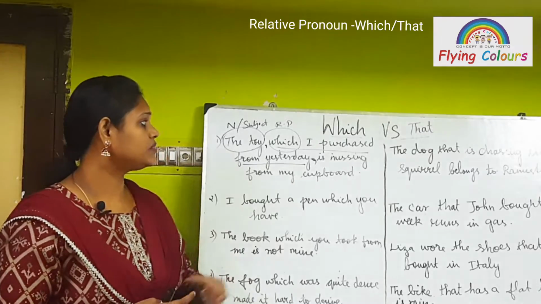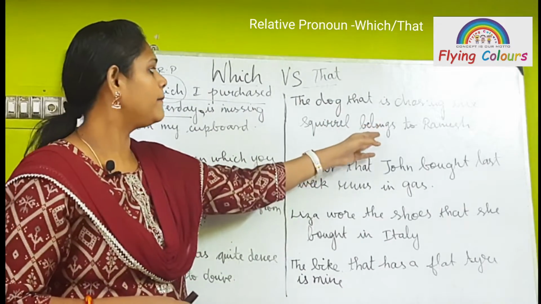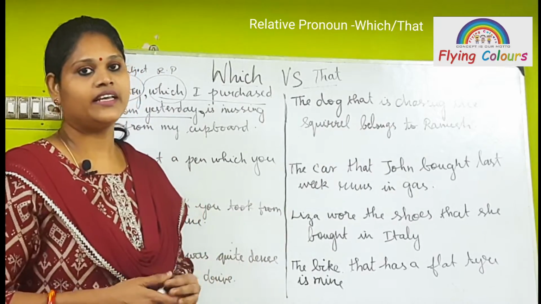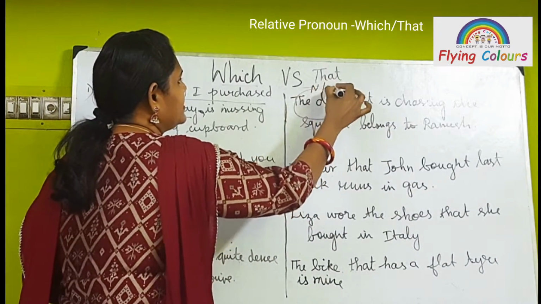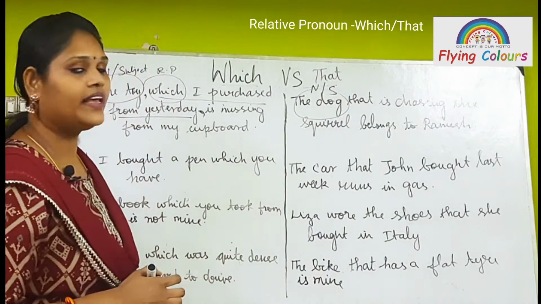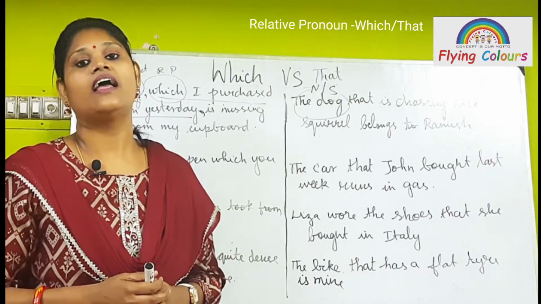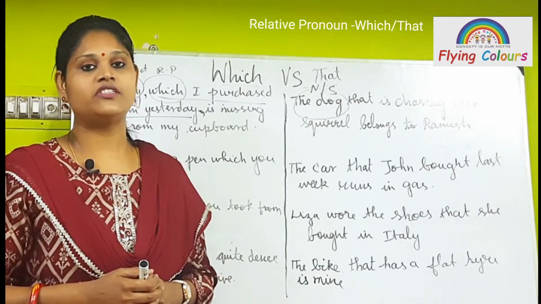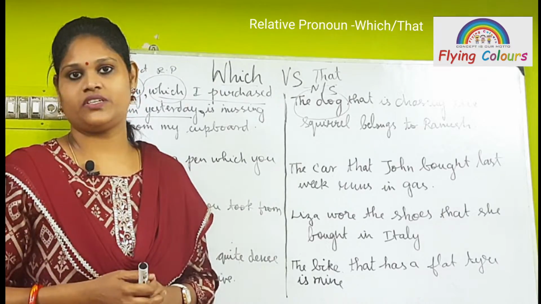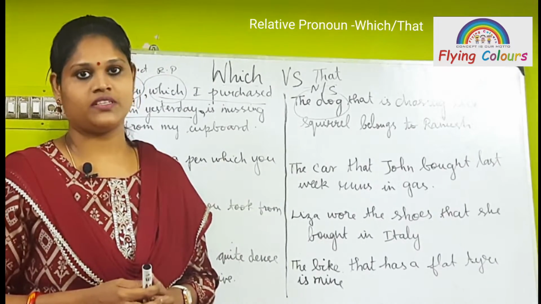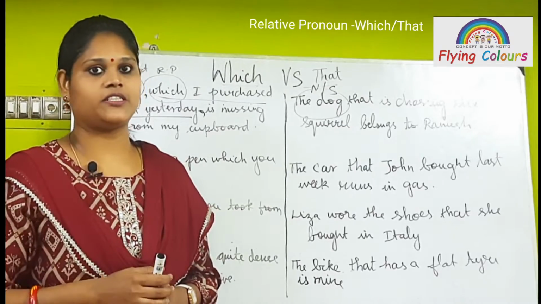When compared to that: The dog that is chasing the squirrel belongs to Ramesh. Here, the dog is a noun as well as the subject. Here, that, as I told you earlier, is an essential clause which gives important information about the subject to identify the subject. So that always identifies the subject.